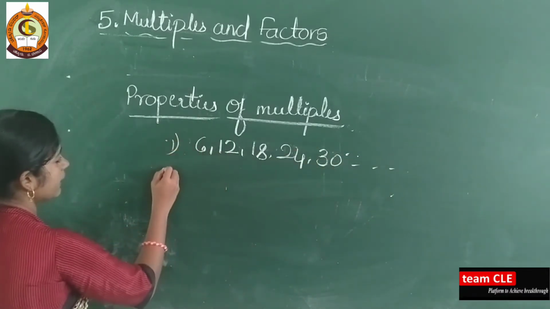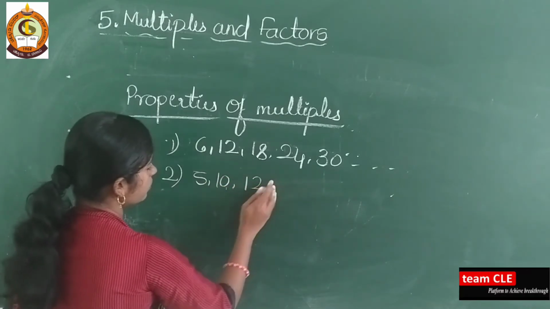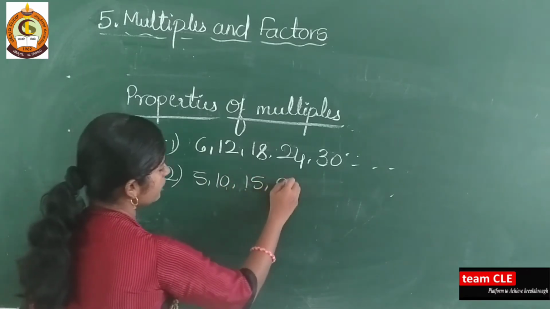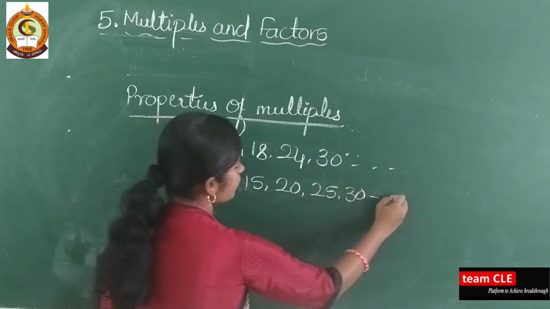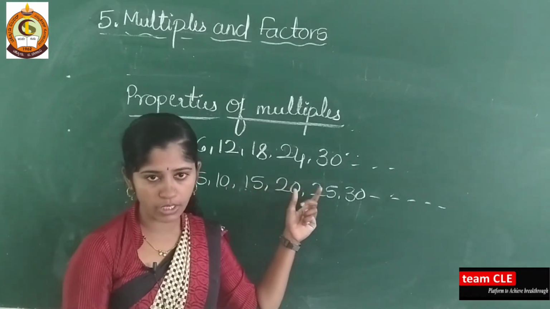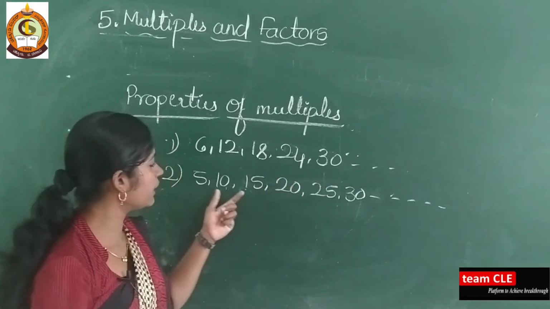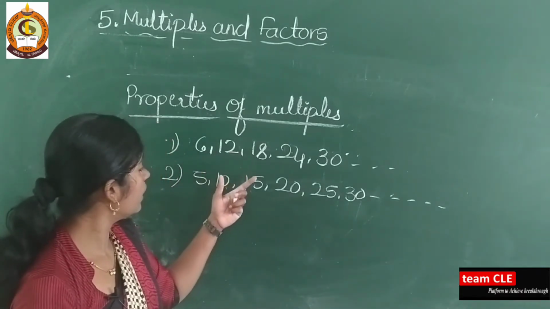Again, take 5, 10, 15, 20, 25, 30, and so on. 6, 12, 18, 24, 30: they are all multiples of 6. 5, 10, 15, 20, 25, 30: they are all multiples of 5.